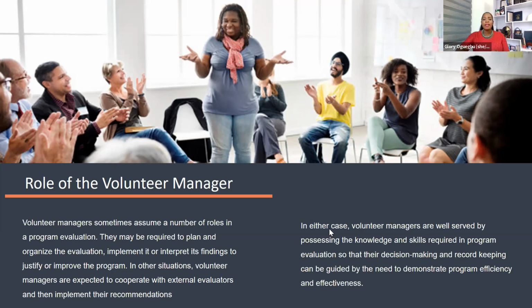Right, and so the key person, the project lead and the volunteer manager, has to be good at record keeping, so that they can be guided by the need to demonstrate program efficiency and effectiveness. The record will guide you to come up with an efficient and effective program.